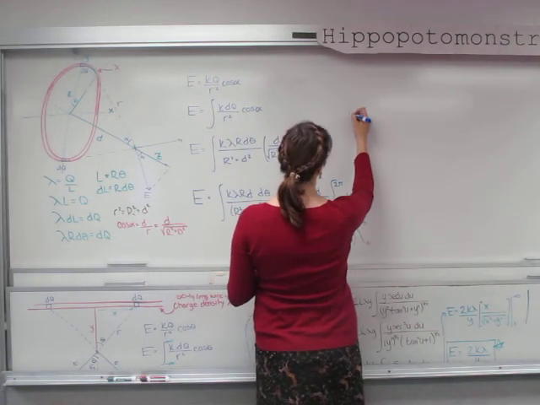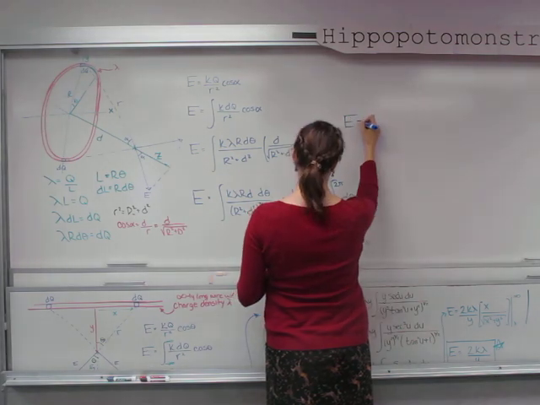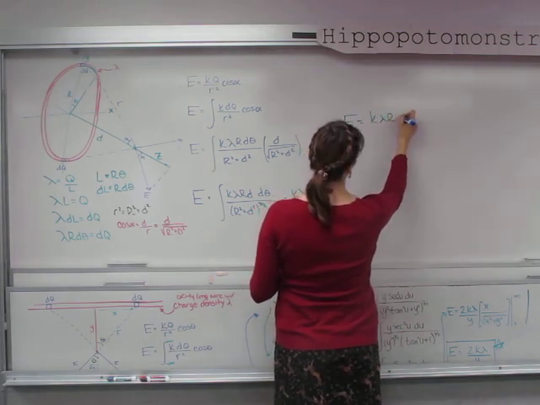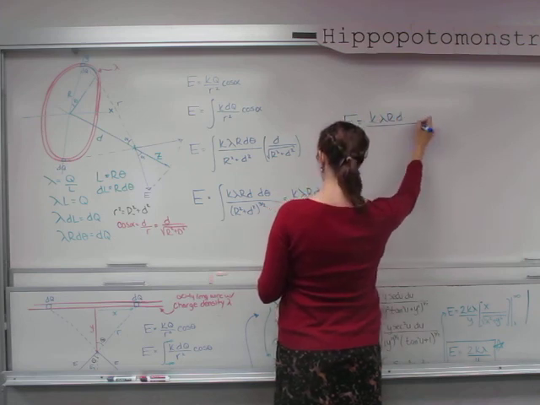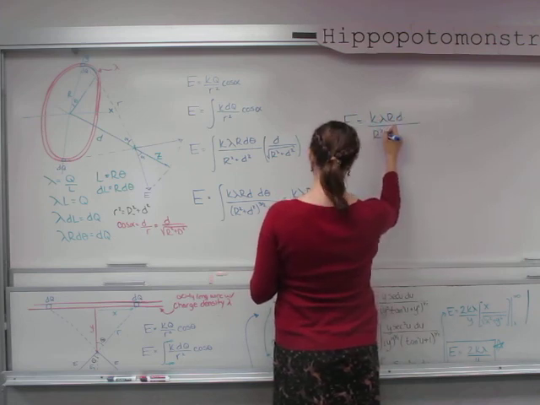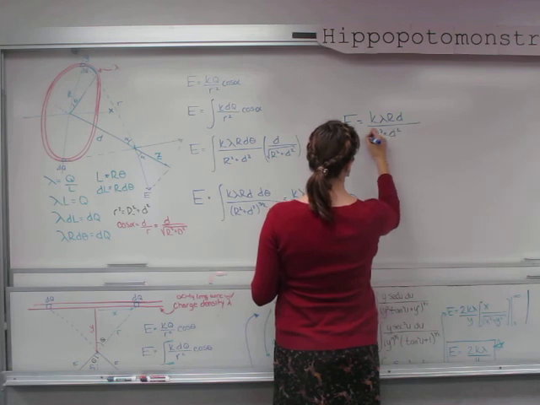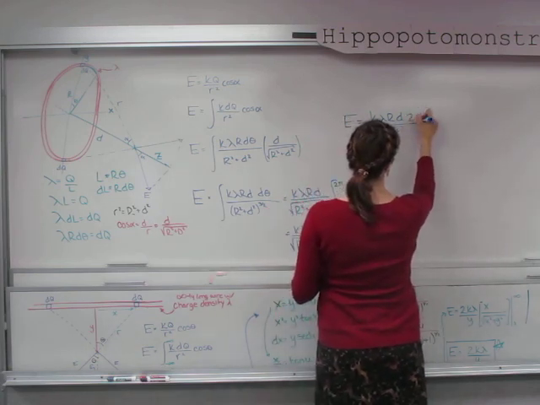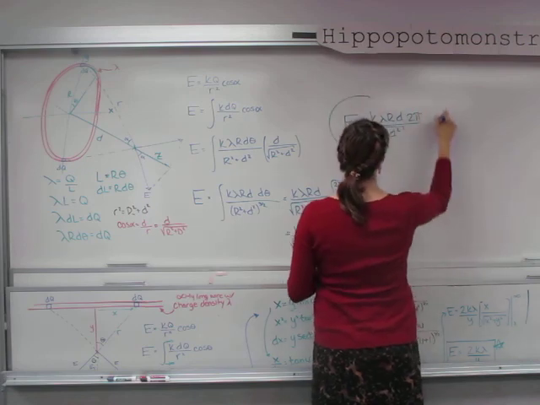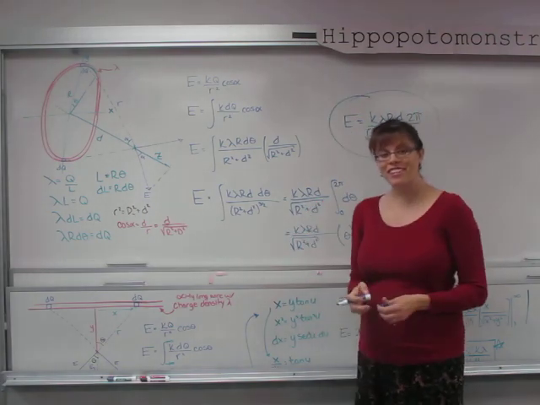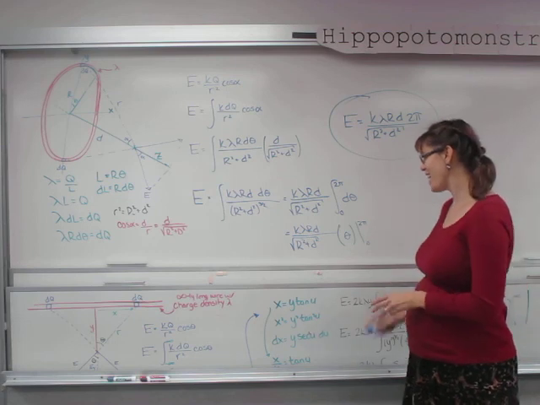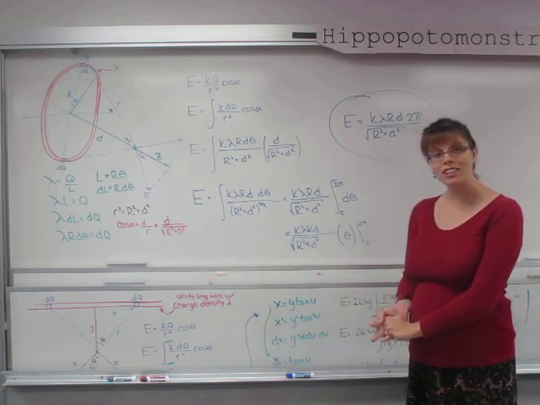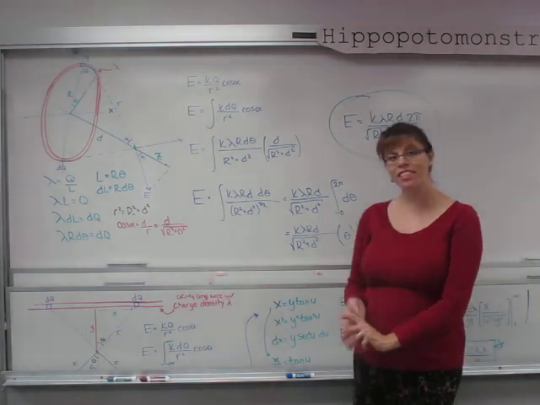So our final answer for our electric field is equal to k lambda r d divided by r squared plus d squared to the 3/2, times 2 pi. And there we go. Yay! Okay, well, I hope you've had fun and you get to do it on your own now.